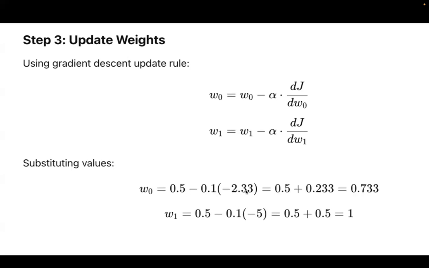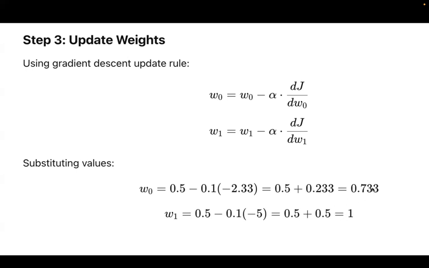The initial value of W0 minus the learning rate times the gradient we computed for W0, which was minus 2.33, gives us the new value for W0, which is 0.733. Same thing we do for W1: the initial weight minus the learning rate times the minus 5 value that we computed in the previous step, which gives us the value 1.